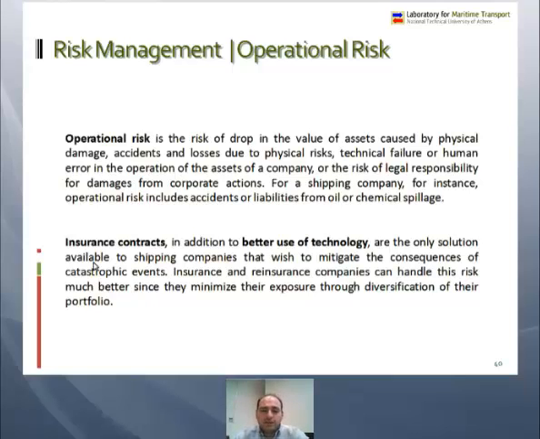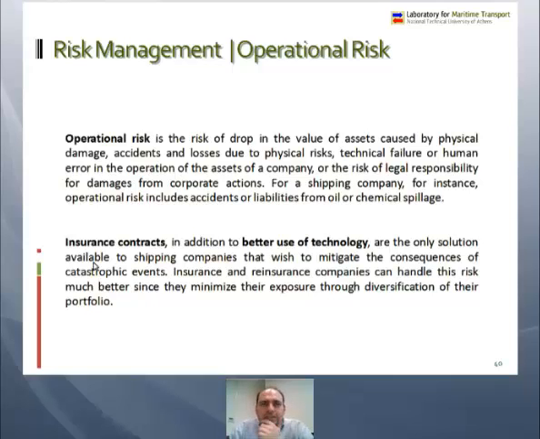So we have these risks. And for a shipping company, operational risk also includes accidents or liabilities from oil or chemical spillage. That is actually, shipping companies are liable for any oil pollution from oil spills that they cause.